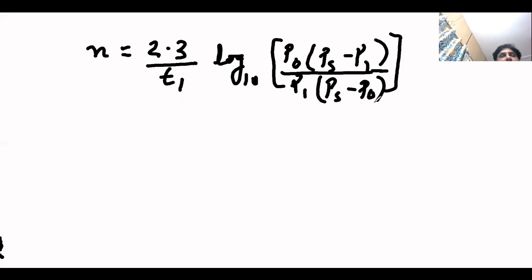Now these are the four formulas which would be required when you solve a question based on the logistic curve method.